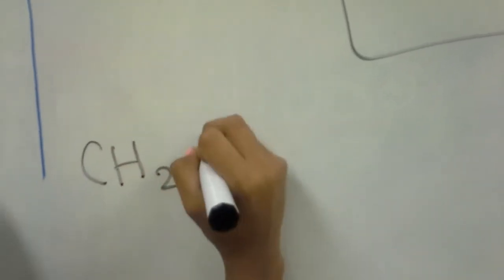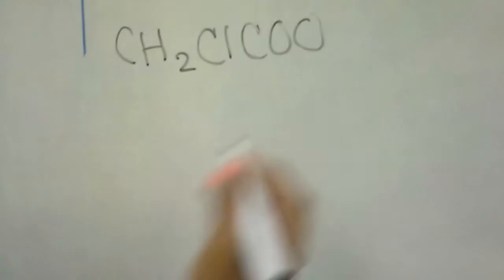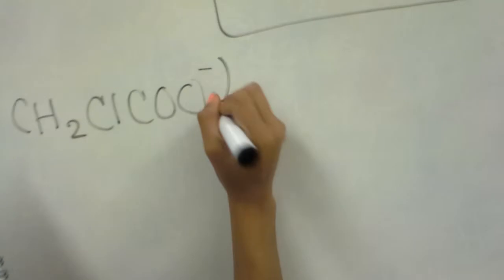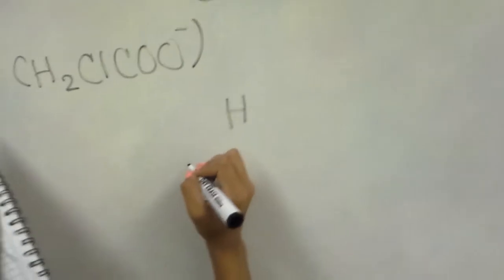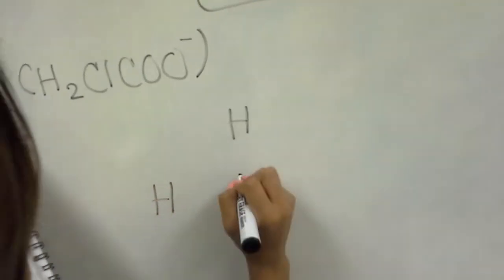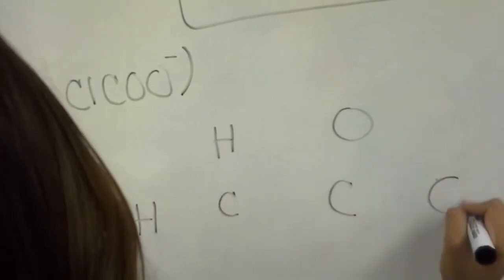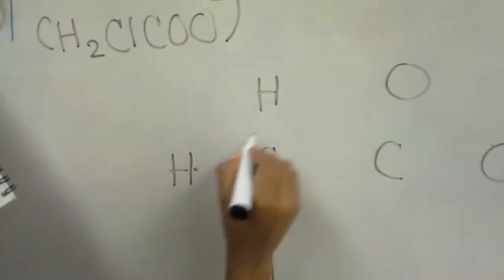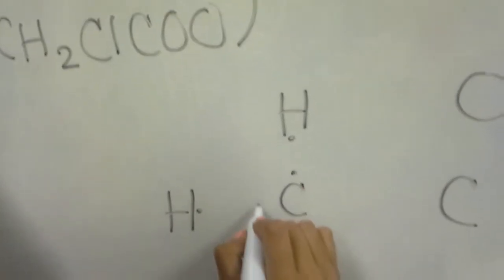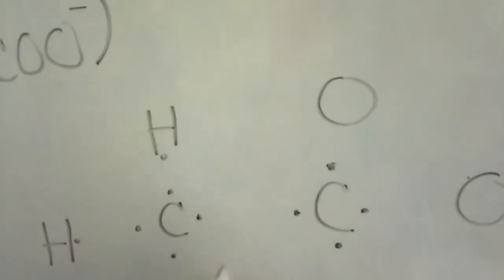For CH2ClCOO minus, don't forget the charge. You have the same thing. Draw your symbols. You have 2 hydrogens, 2 carbons, 2 oxygens, and 1 chlorine. Hydrogen has 1, carbon has 4, and chlorine has 7.